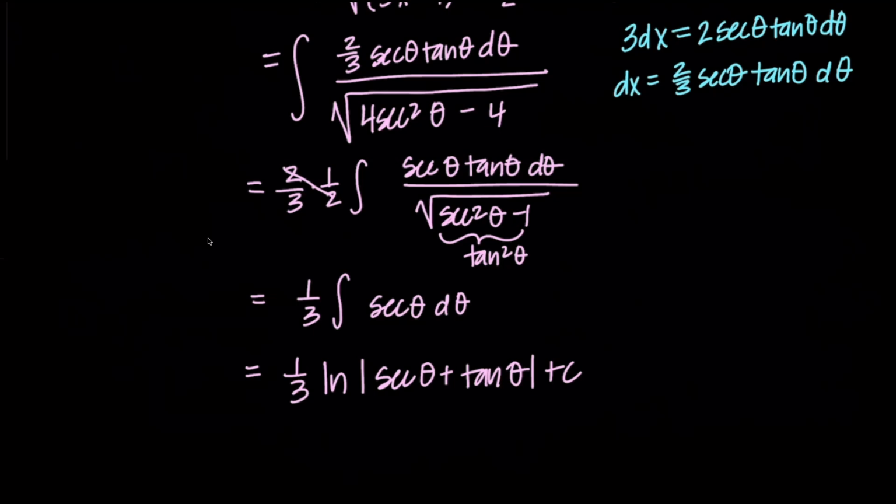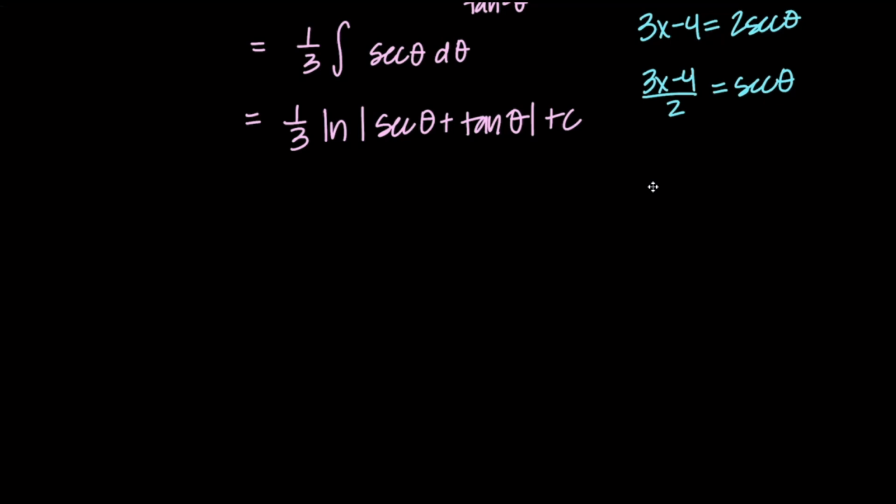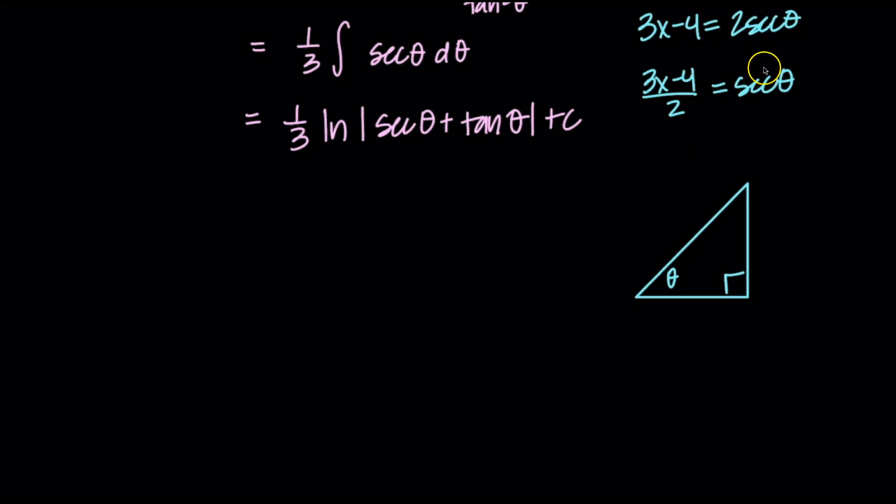Now we just have to get ourselves back to x, remembering that 3x minus 4 is equal to 2 secant theta, or 3x minus 4 over 2 is equal to secant theta. Hey, that's one piece already: I can replace secant theta with 3x minus 4 over 2. Now it's about creating the right triangle. With interior angle theta, secant is hypotenuse over adjacent because it's the reciprocal of cosine.